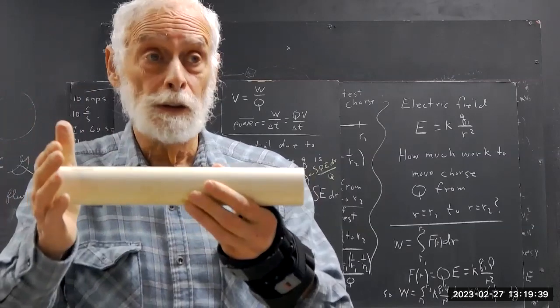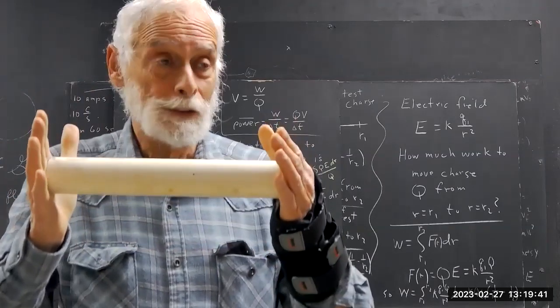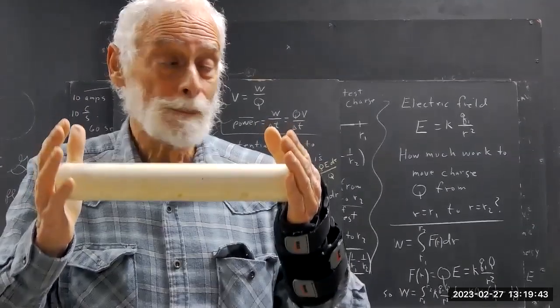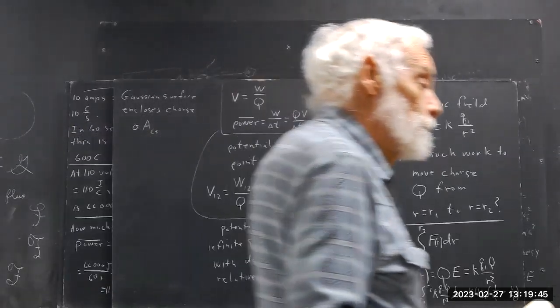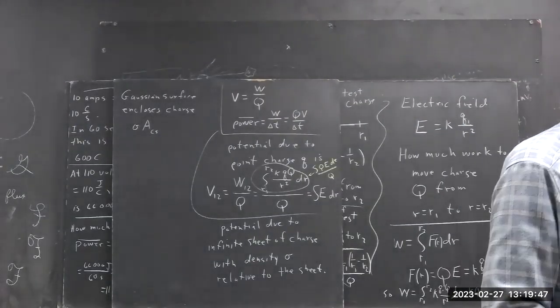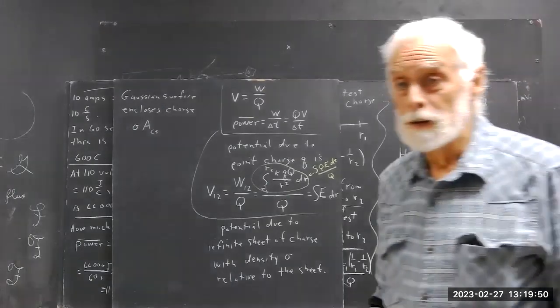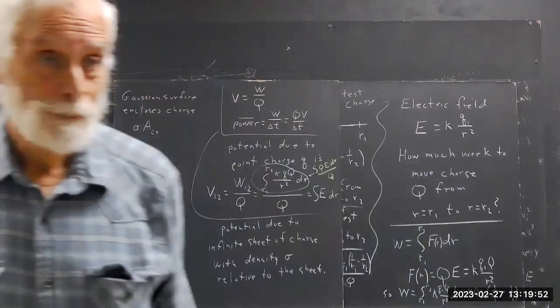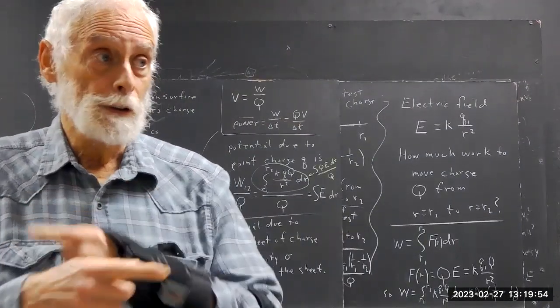It's got a cross-sectional area and a length, but the length doesn't matter, because the field of the infinite sheet by symmetry has to be perpendicular to the sheet.